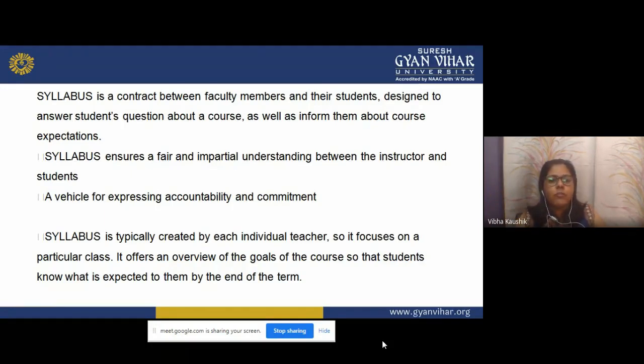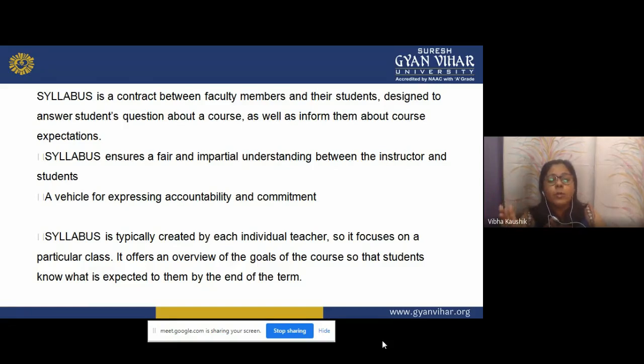Syllabus ensures a fair and impartial understanding between the instructor and the student. When a teaching-learning process is going on, it is going on the basis of the syllabus which the teacher is going to teach. So the syllabus ensures a fair and impartial understanding between the instructor and student.